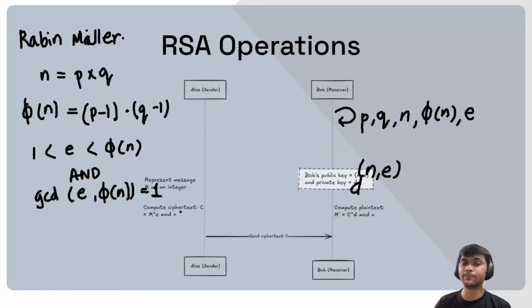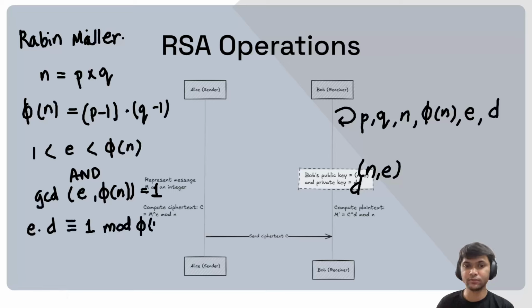Now Bob computes the private exponent D, and the private exponent is chosen such that E times D is always congruent to 1 mod phi n that we calculated right now.